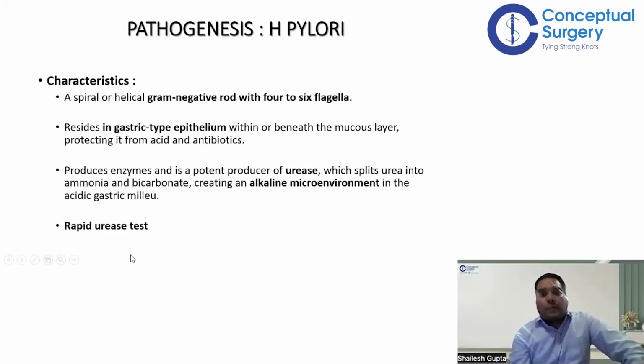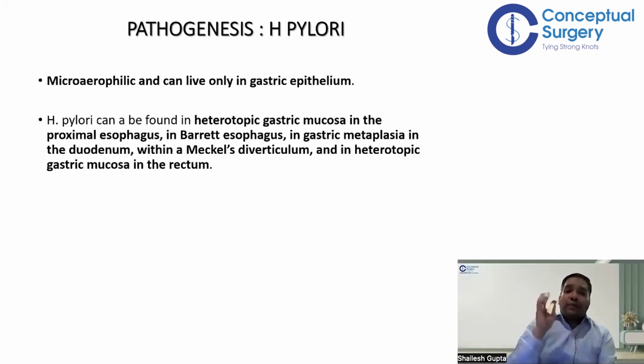So just remember that the rapid urease test is a method by which we can diagnose H. pylori, rapid urease test. So moving on, just remember that H. pylori एक microaerophilic organism है and it can only live in the gastric epithelium.